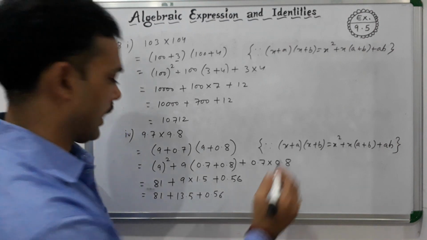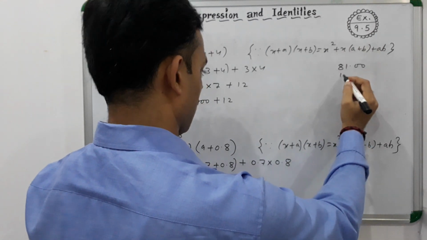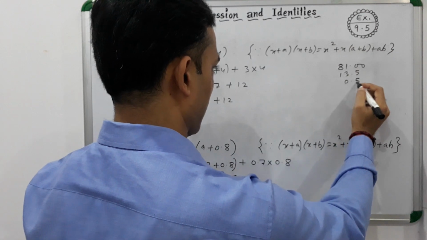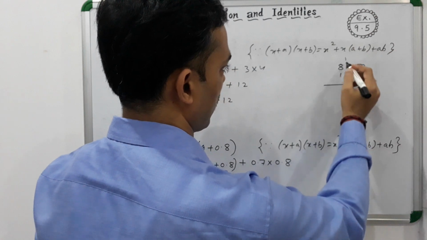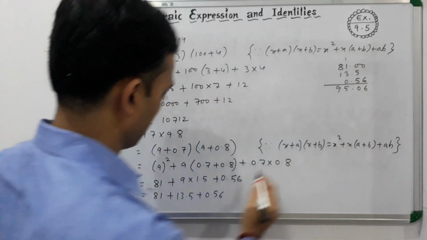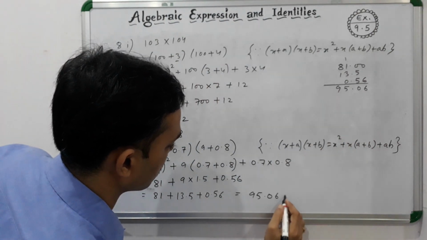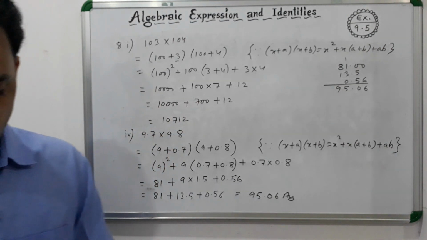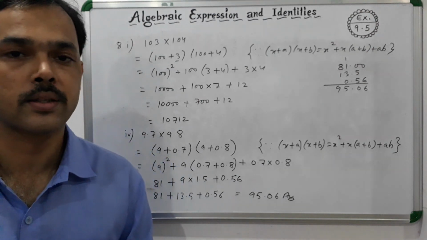Then when you add, see, 81.00, 13.5, then 0.56. 6, 0, carry 1, 1 plus 1, 2, 5, and then 9. In this way, you people get the answer as 95.06. So in this way we have done this chapter. I hope that this chapter is clear to you people.